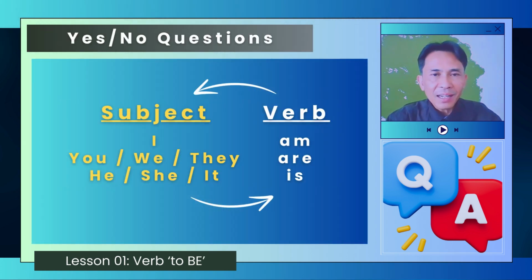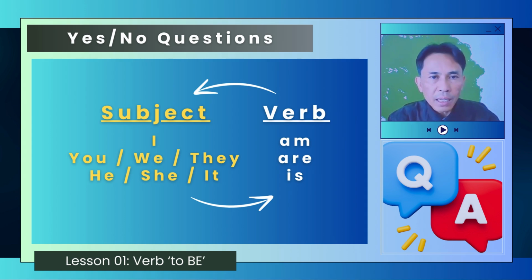Okay, now let's learn how to form yes, no questions and short answers. When we use the question form, all we do very easily is we switch the verb and the subject. So, I am becomes am I, you are becomes are you, we are becomes are we, they are becomes are they.